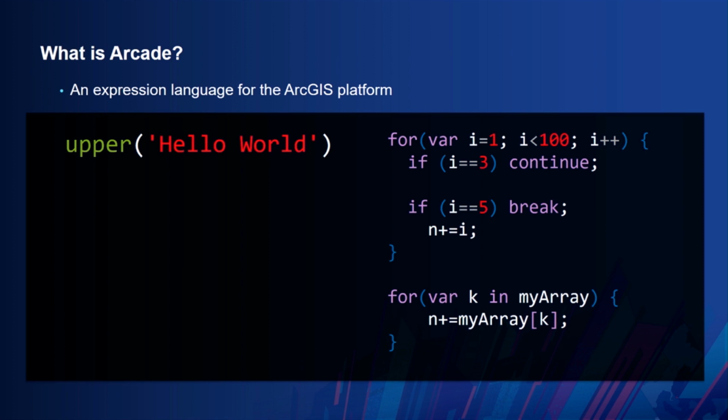Expressions can be anything from 1 + 1 to the code you see on the right there. The bottom line is an expression is something that can be evaluated down to a result that then gets returned. So an expression language is designed to do that.